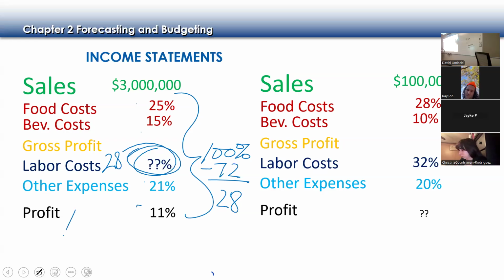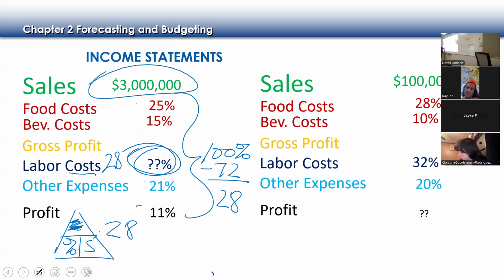Now, using my triangle, cost, percent, sales. If I'm looking for labor costs, which one do I cover up on the triangle? I'm looking for the cost, right? I have my percentage, 28%.